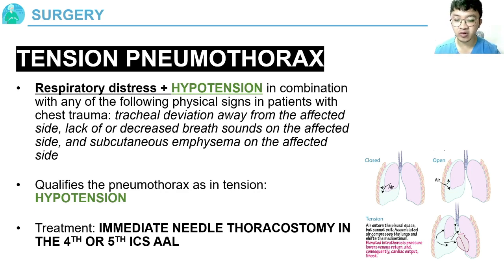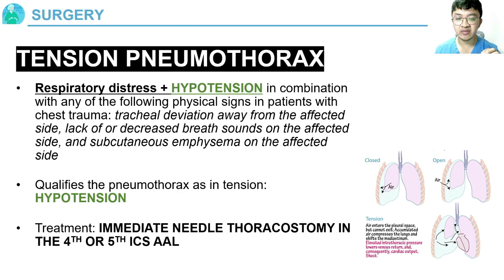However, if you see more recent guidelines, especially also you can see this in Schwartz, instead of using the 2nd ICS mid-clavicular line, we've been using the 4th or 5th ICS anterior axillary line. Again, the keyword there is 4th or 5th anterior axillary line. Why? Because when we do CTT, which is the more definitive procedure, we do it after needle decompression, we do it if the patient has pneumothorax but stable.